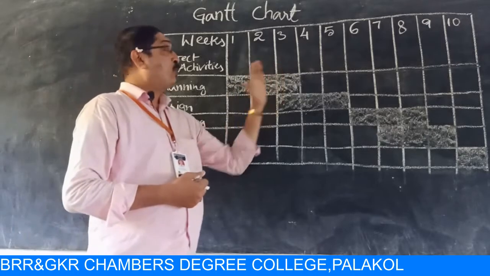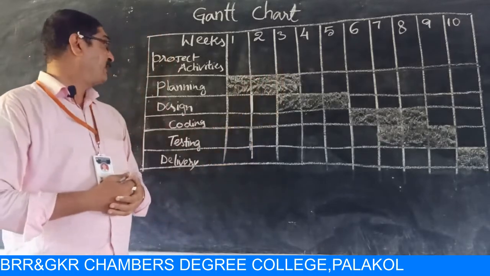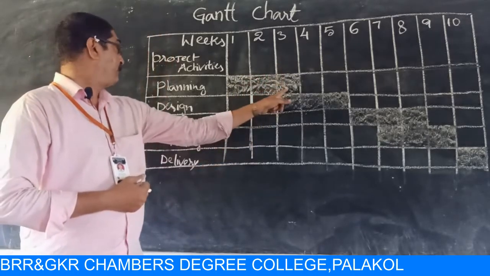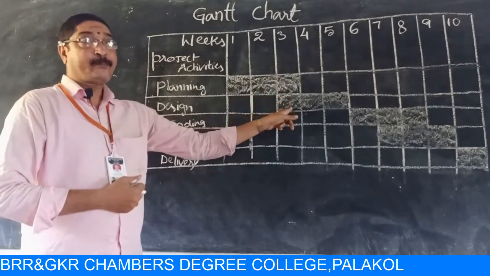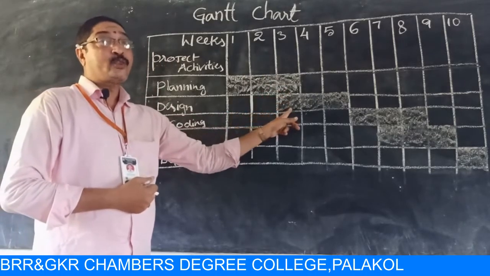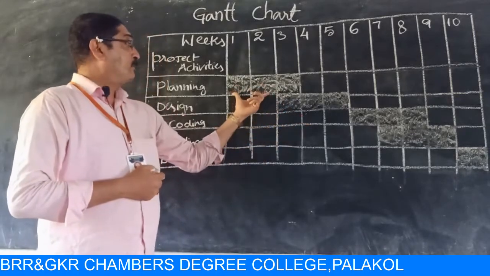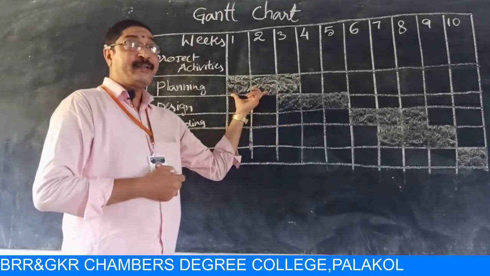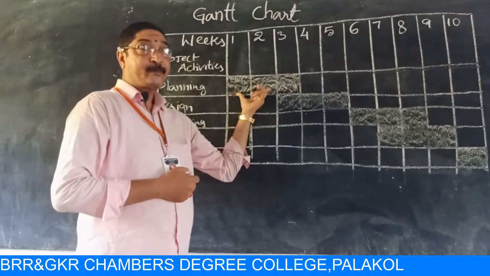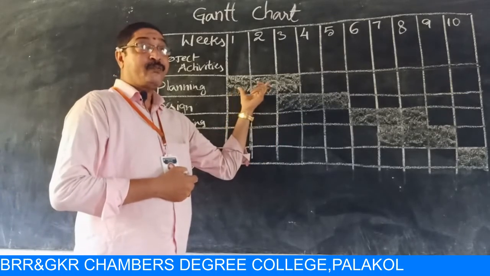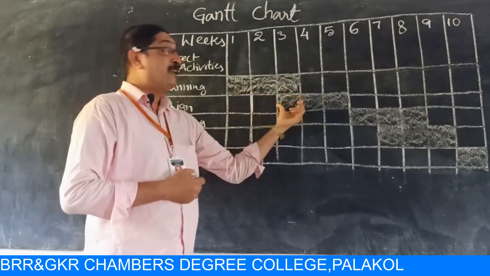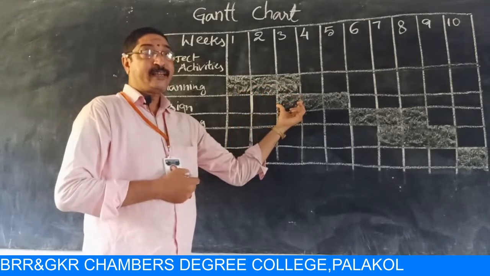And in the third week, we have taken planning and designing also. Designing also started in the third week. It means some planning work will be completed in the first 2 weeks. The completed work will be started in the design phase in the third week.